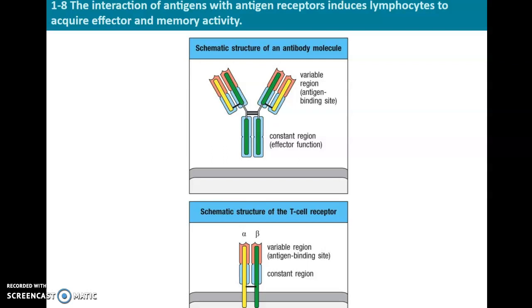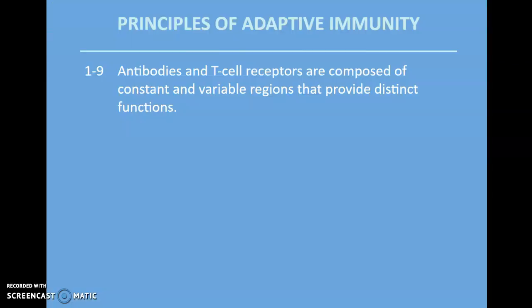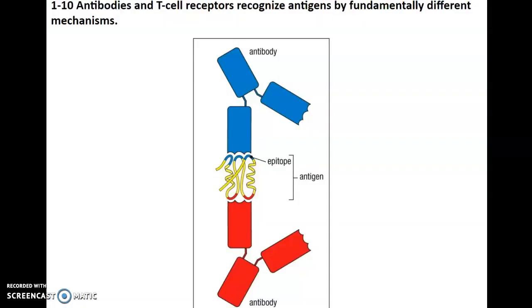The response to an antibody or a T cell receptor are different. They have unique modes of action. And that's because with an antibody, you're looking for a native protein.